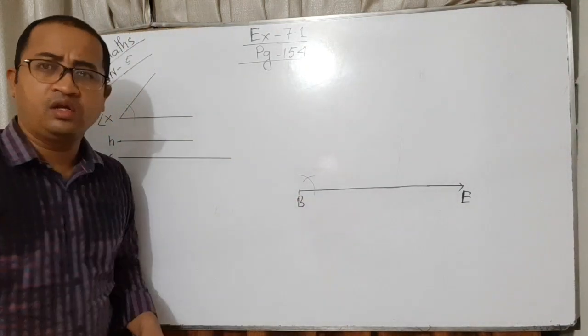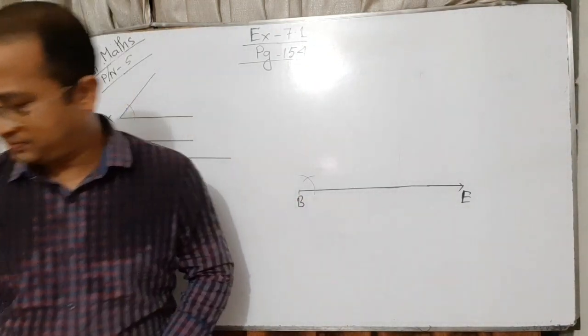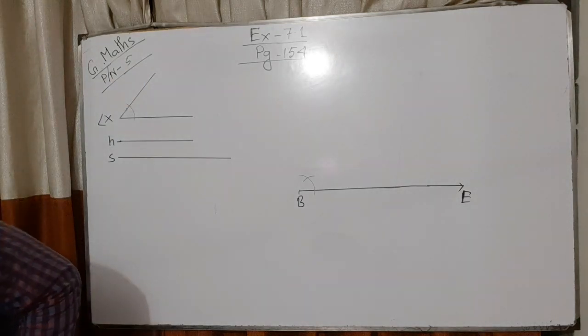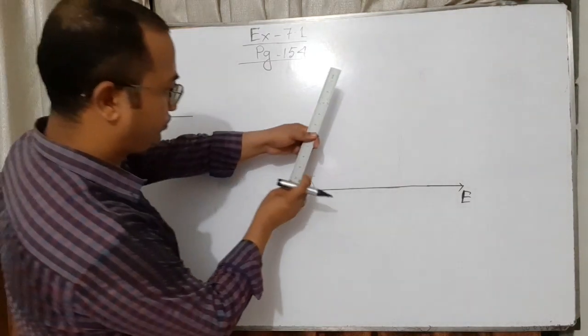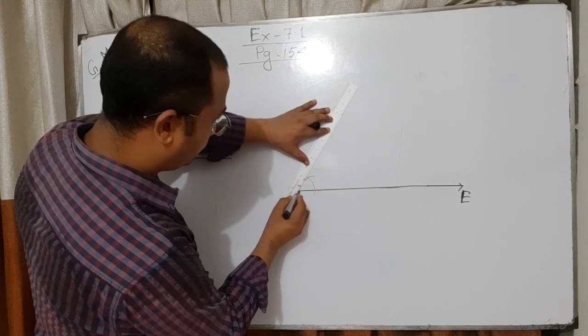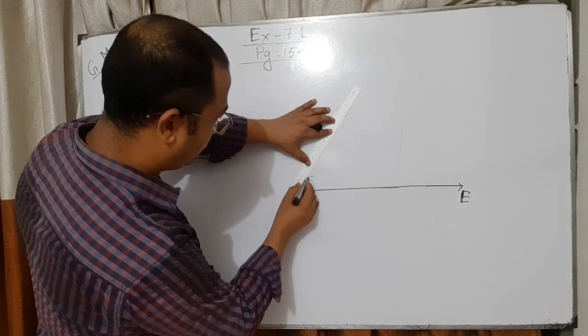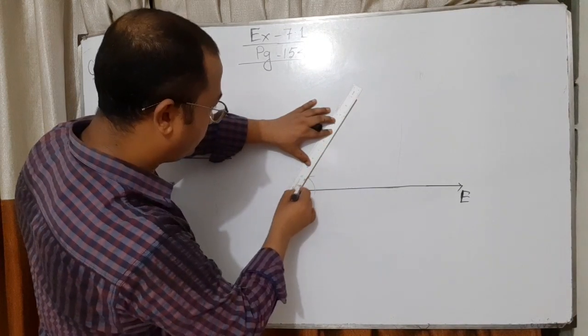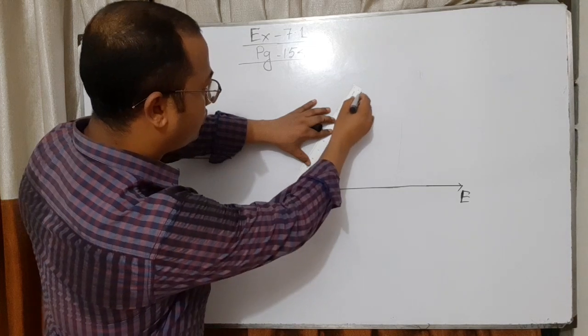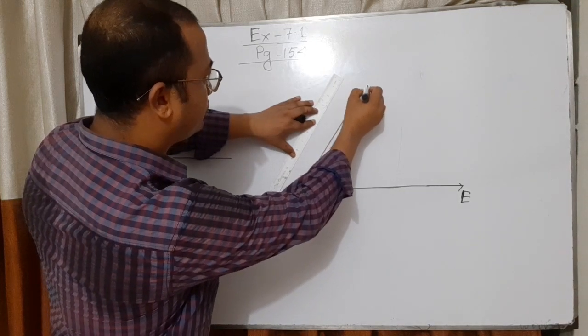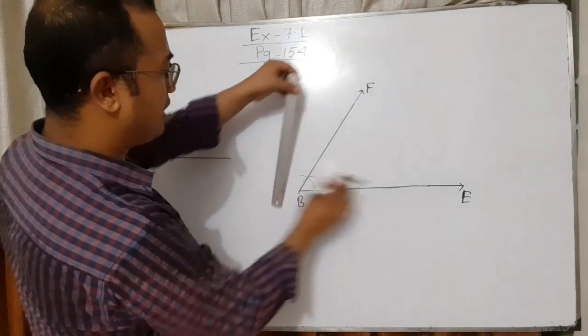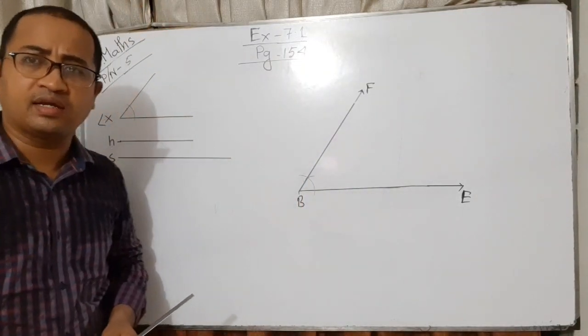Now join this, you will get the required angle. EBF is equal to angle X.